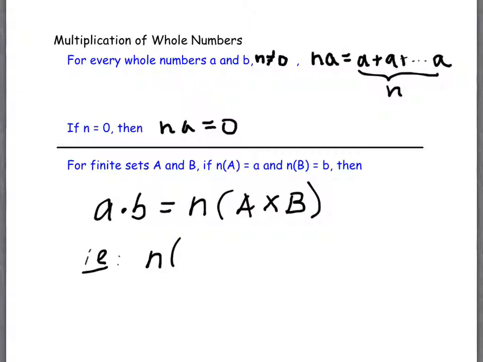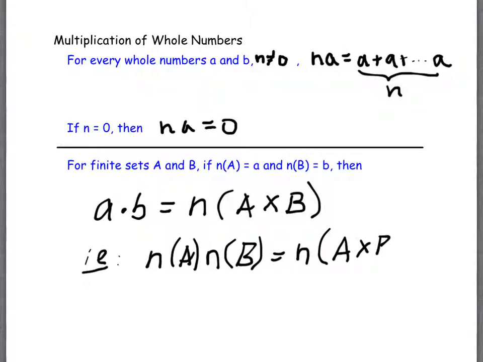That is, if you take the number of items in set A and multiply by the number of items in set B, you get the number of items in the Cartesian product, A cross B.